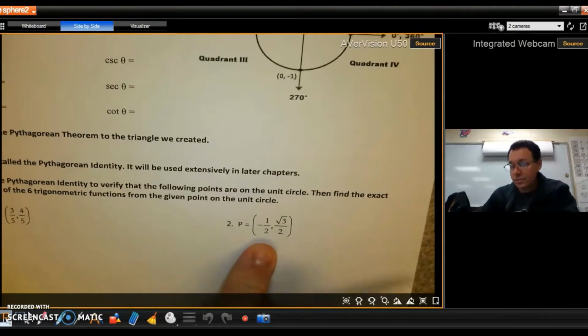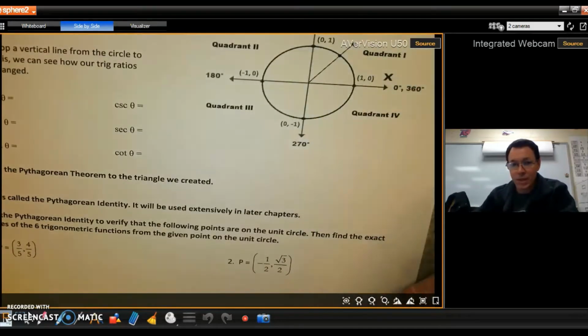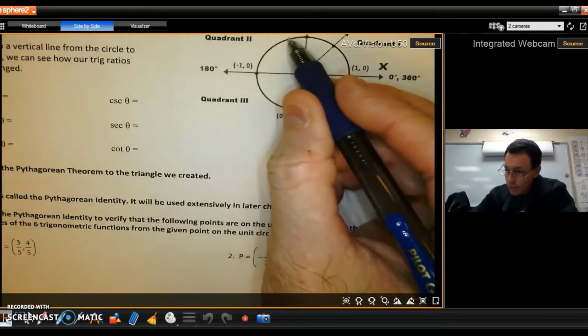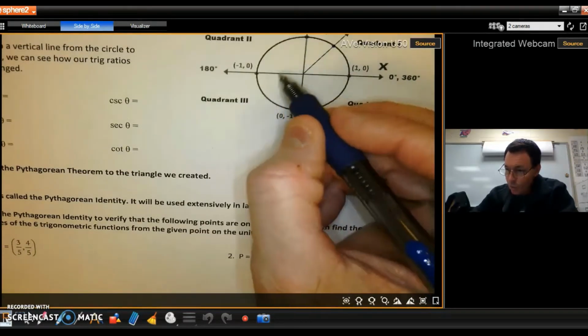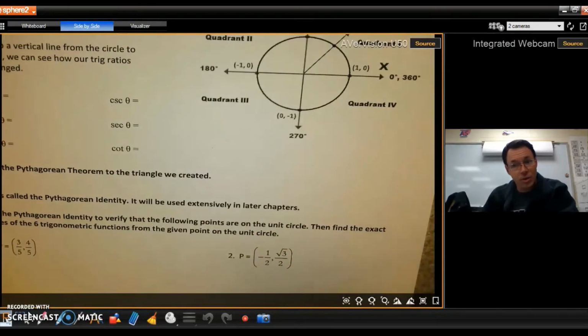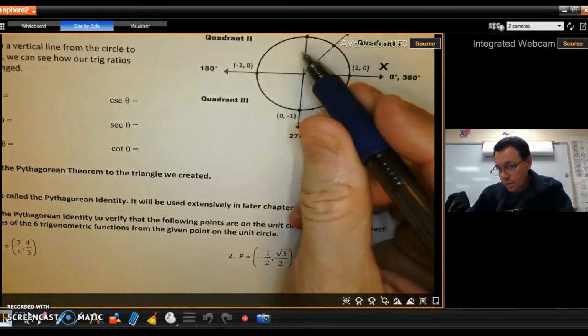Or this one, -1/2, and then whatever the heck radical 3/2 would look like as a point. Now that one I'd probably have to put in my calculator to approximate, but that's going to be over here somewhere. So -1/2, go up. That y value that I just went up is radical 3/2. Not quite sure what that means yet, but that's what we're doing here. So I've got a bunch of points on this unit circle.